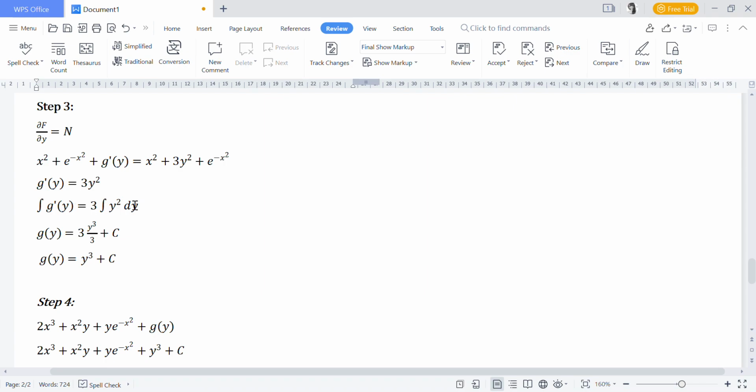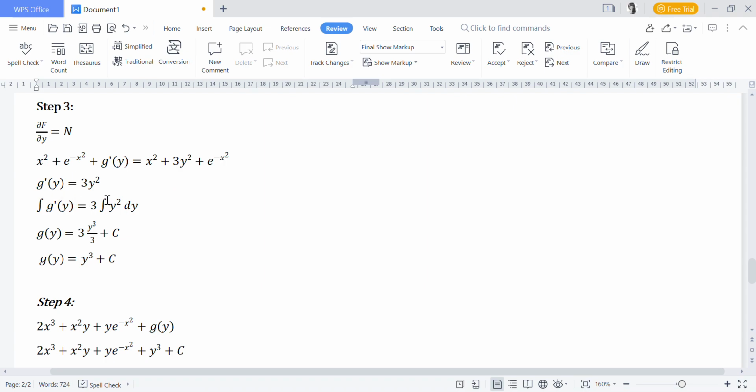Okay, I'm sorry, I forgot. In this equation it is clearly visible that we can cancel out two terms, which are the x squared and the e raised to negative x squared. So what is left is g prime of y is equal to 3y squared.